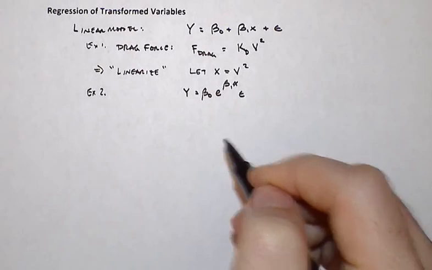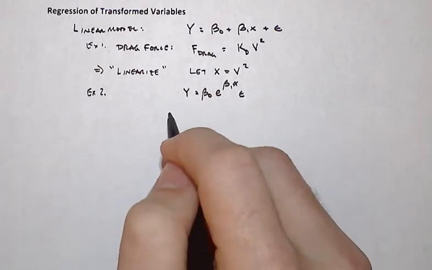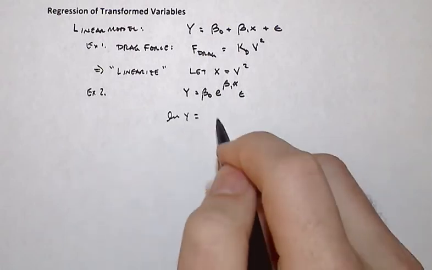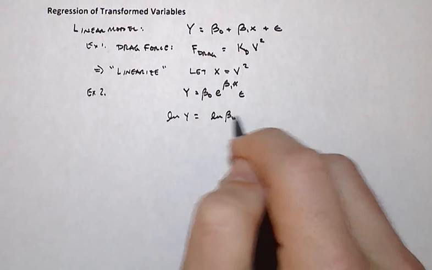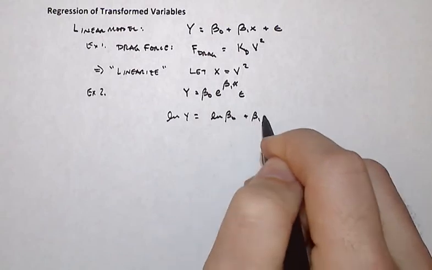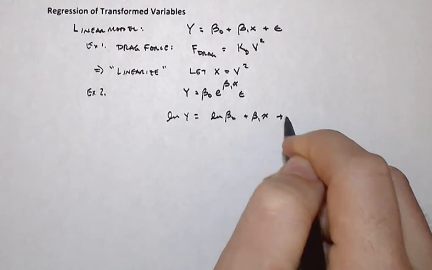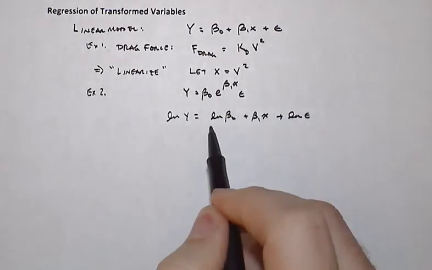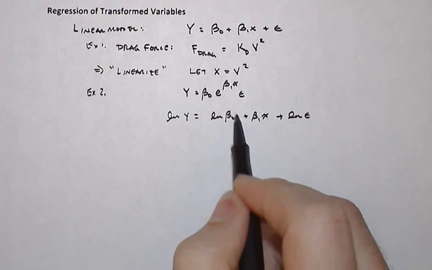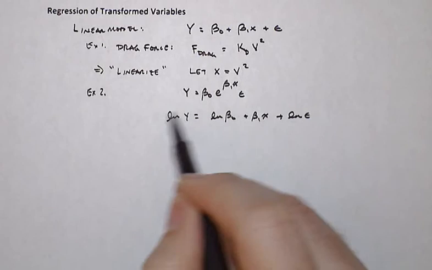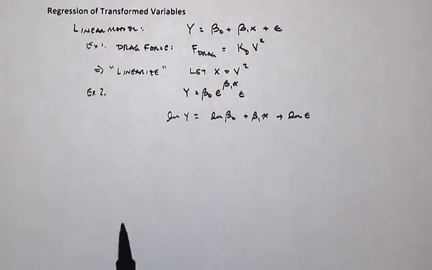Here again, this is really an intrinsically linear kind of function, because if we were to take the log of both sides, then we get the sum of all these terms. And once again, things show up in a linear fashion. This is just a new intercept value, a new kind of error term, and the log of our response.